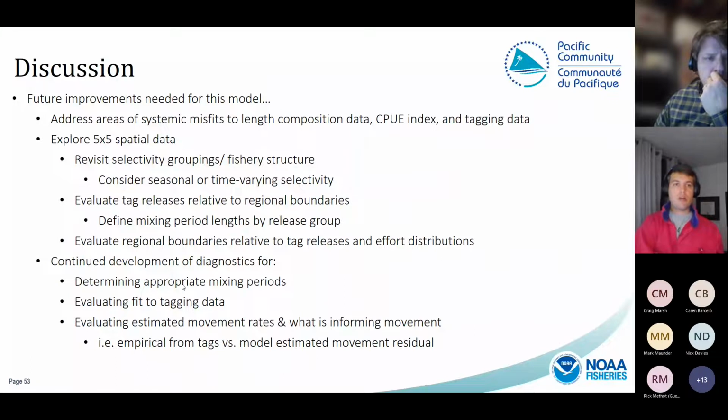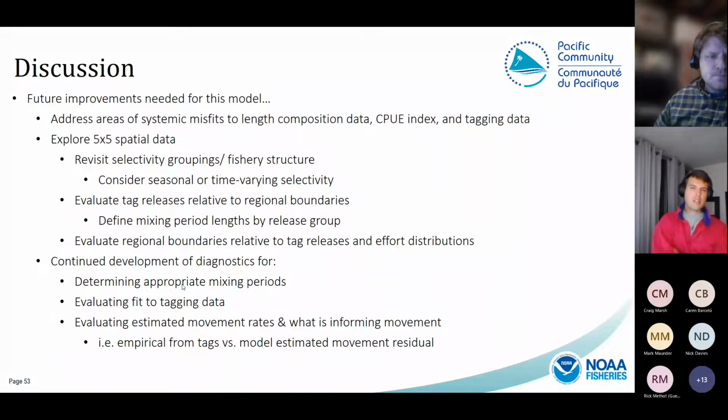Part of that would be we didn't use the 5x5 data in developing the model, and I think if we were to do things over again, we'd start with that 5x5 data and perhaps revisit the selectivity groupings and fishery structure as a result.